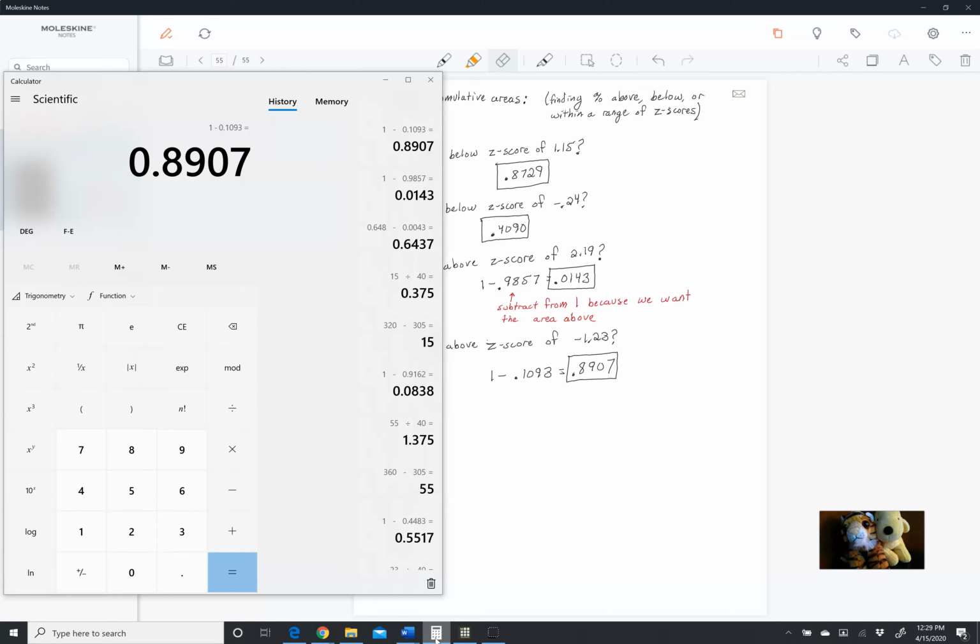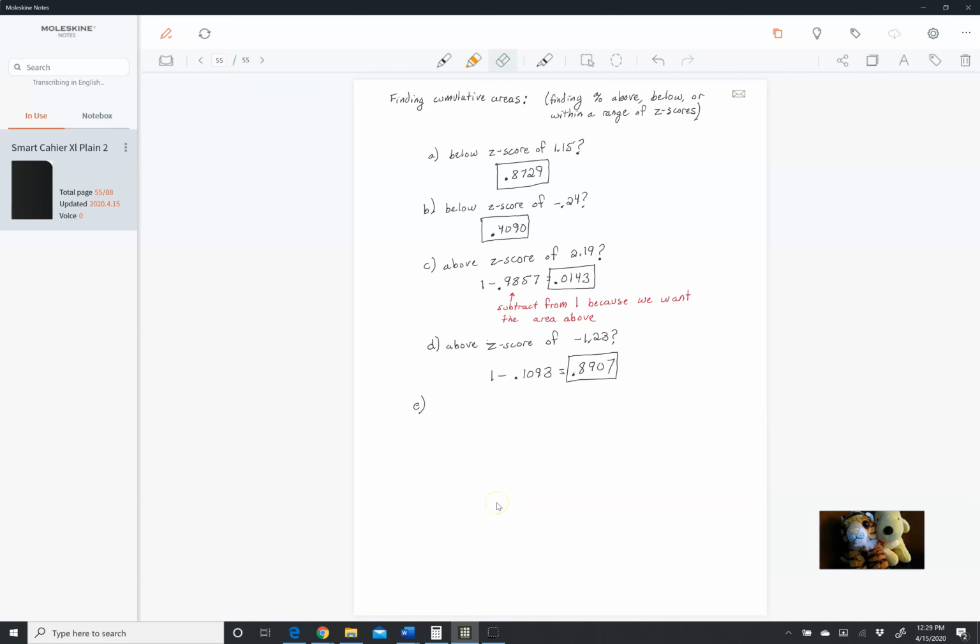Okay, let's say, for example, that we do a couple within a range. So in the range of z-scores 0.26 to 1.67.